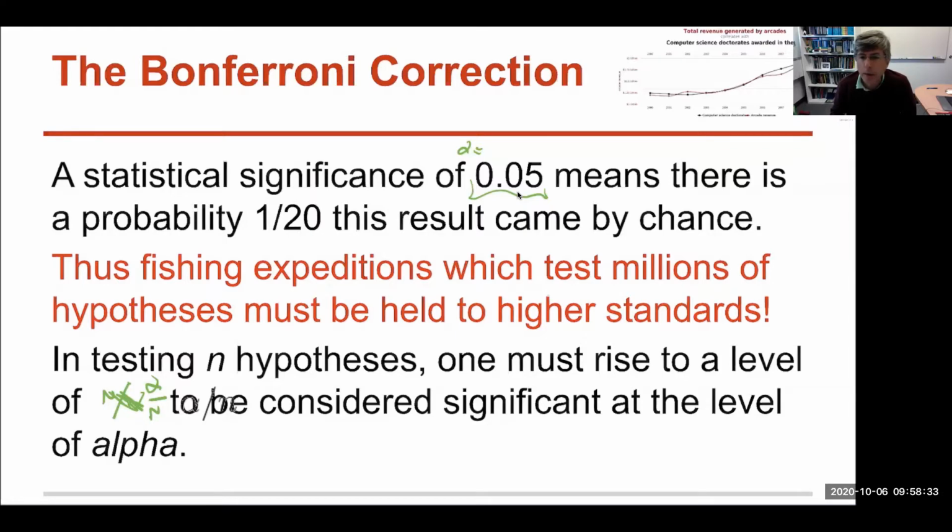Any questions about this? So when you're doing multiple hypothesis testing, the Bonferroni correction is an important thing. Okay? Any questions? This is the source of all kinds of statistical sins when people do these kinds of tests.